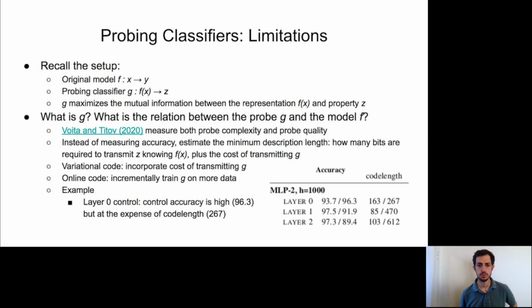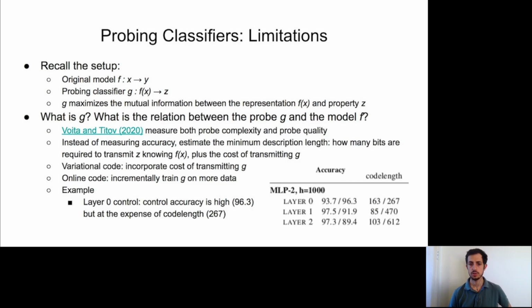Here's an example of what you can learn. This is again on the part of speech tagging task, I believe, and they use a probe which is a multi-layer perceptron. What we can see here are two numbers. The left one is the accuracy on the linguistic task, and the right one is the accuracy on the control task. Let's look at layer 0.